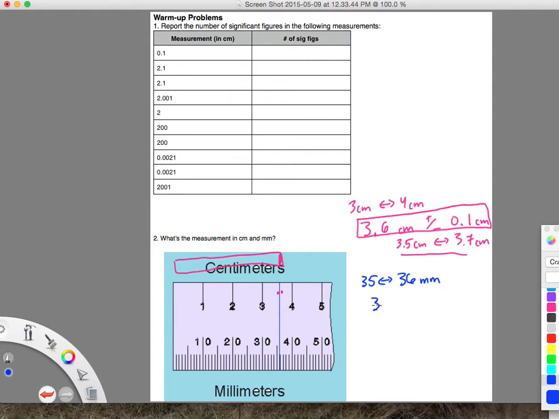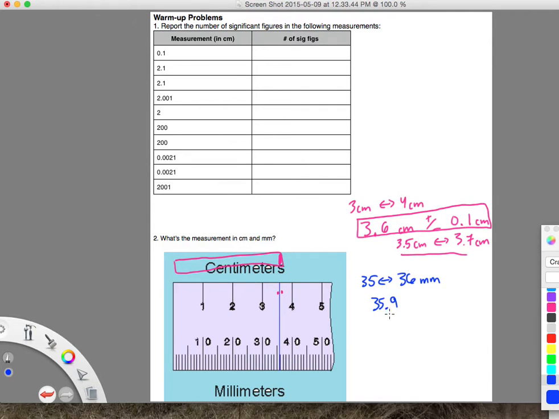So I need to estimate that last digit. I'm going to say it's 35 point... Now what would you say? It's really close to 36. I have to say 35.9 maybe? But here's where my uncertainty is great, because I can't really make out if that's 35.8, 35.9 or 36.